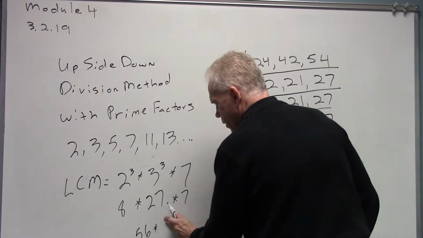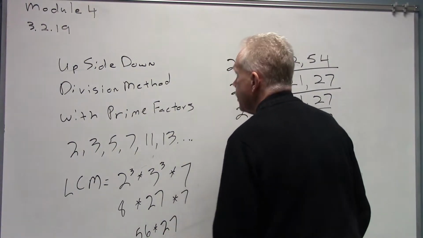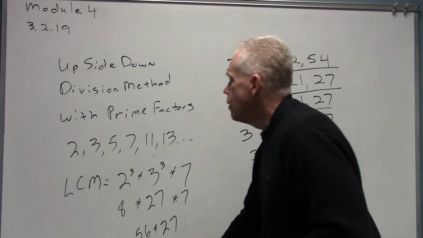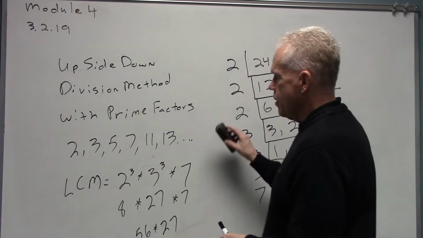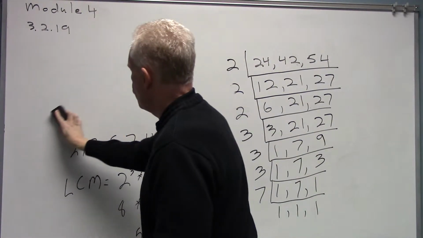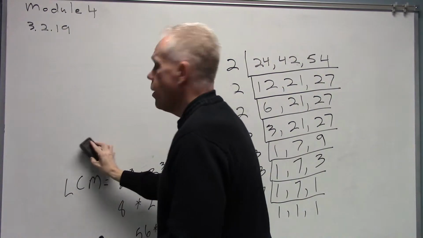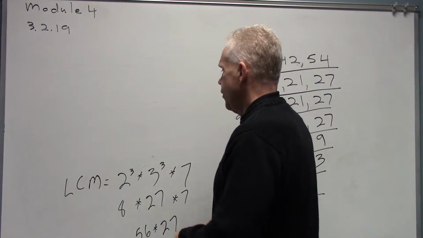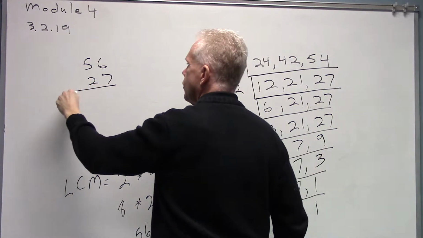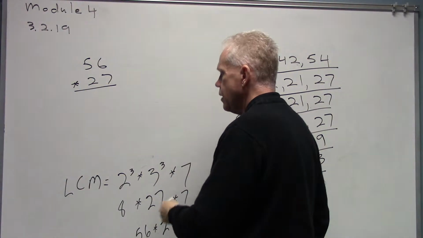times 27. Now I'm going to need to work that out over here. Let's find me a good spot. If you needed what I just erased, you could rewind the video or pause it right there and get that. So I want to work out 56 times 27. Of course, you can use your calculator to do this if you need.